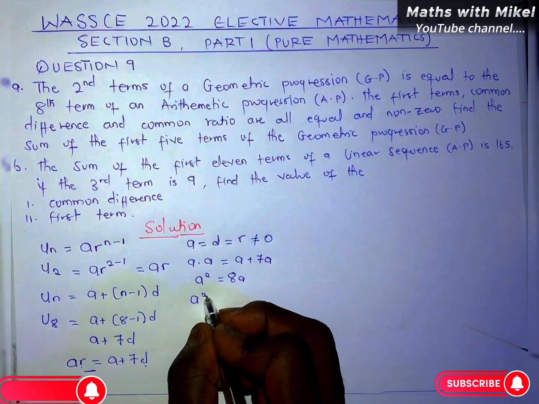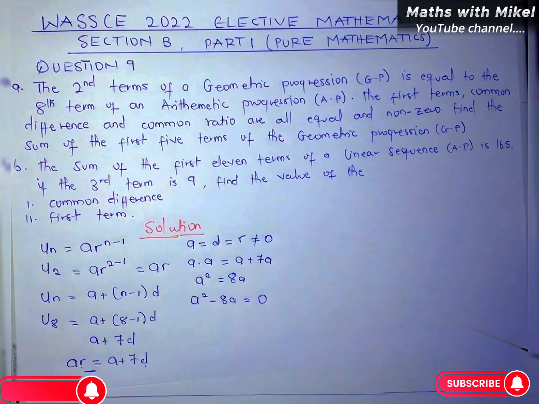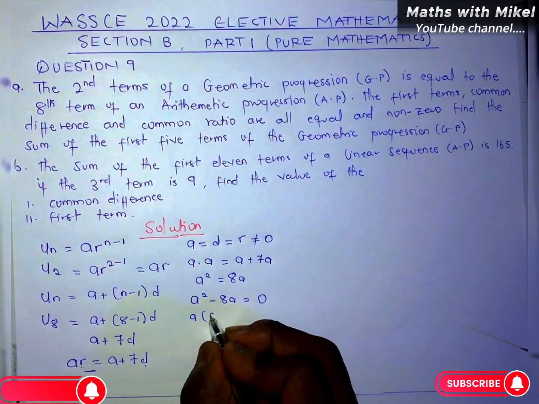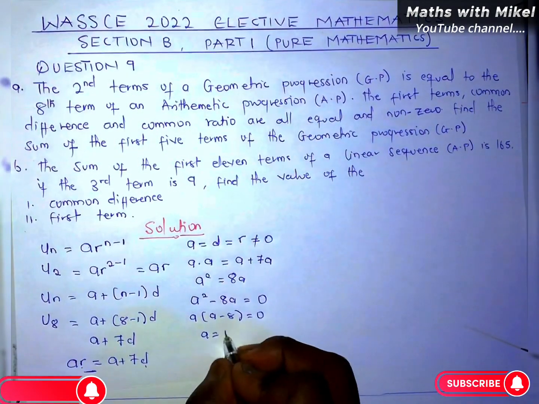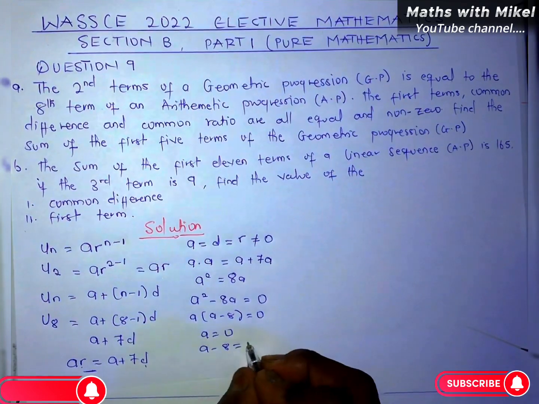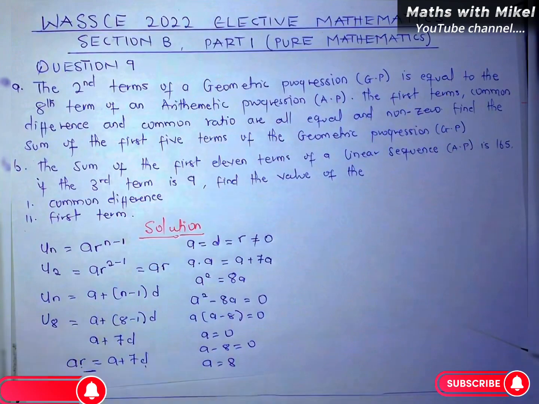We get a squared minus 8a is equal to 0. You can factor a out, and I'll get a into bracket a minus 8 is equal to 0. So a is equal to 0, or a minus 8 is equal to 0, and a is equal to positive 8.